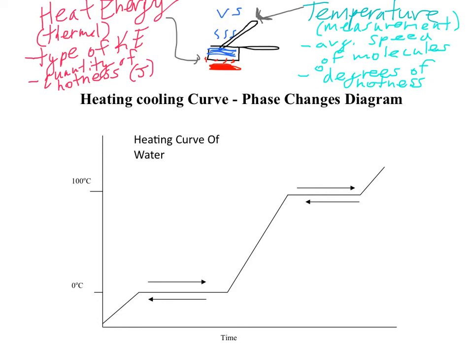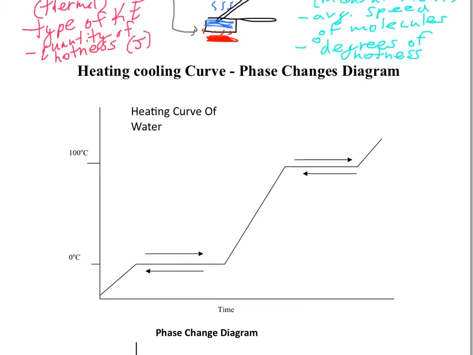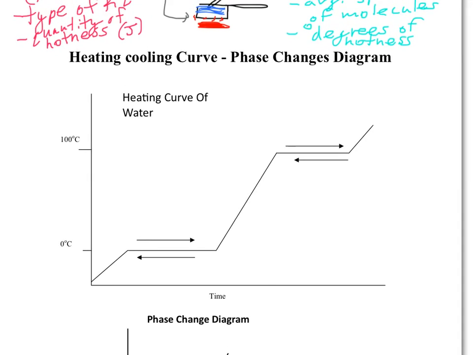So let's look at the heating curve of water. What a heating curve is, it compares the time to the temperature. So if I was to start with my solid down here, because it's with water, so below zero we're at a solid. And then once I go above zero, I'm in a liquid phase where the molecules are flowing past one another.